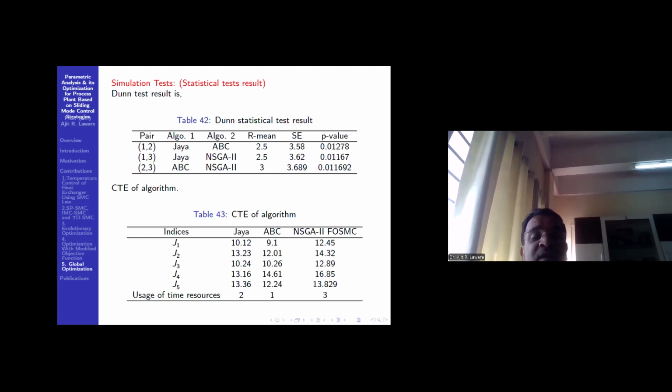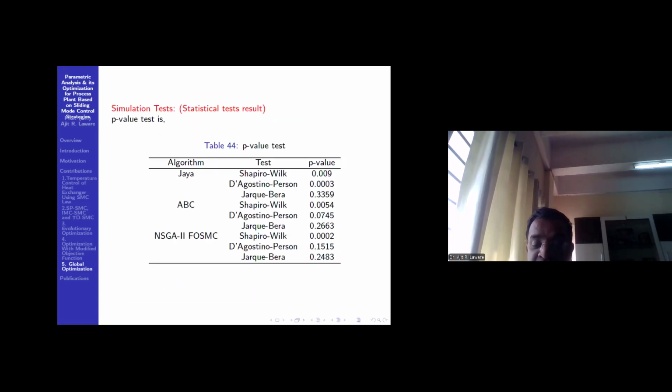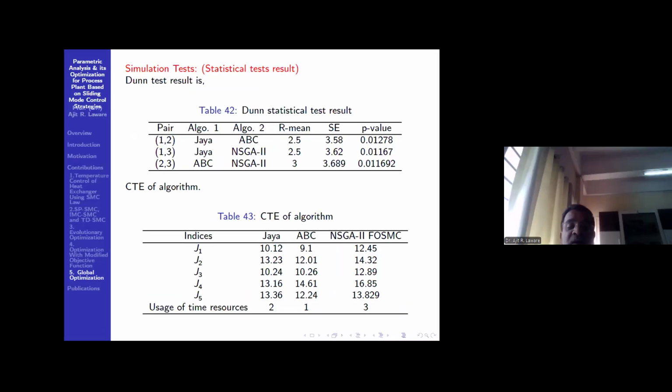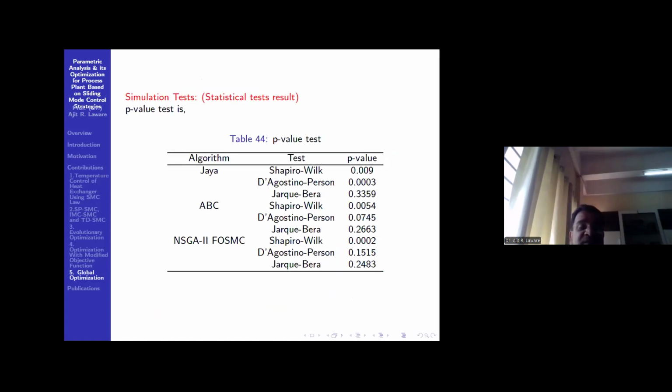So this is the statistical Dunn's test, and its CET is there. That is the time resources utilization parameter or attribute. So here ABC shows 1, meaning as per the CET test, ABC is better than Jaya and NSGA2 for FOSMC. In all remaining cases Jaya is the best.